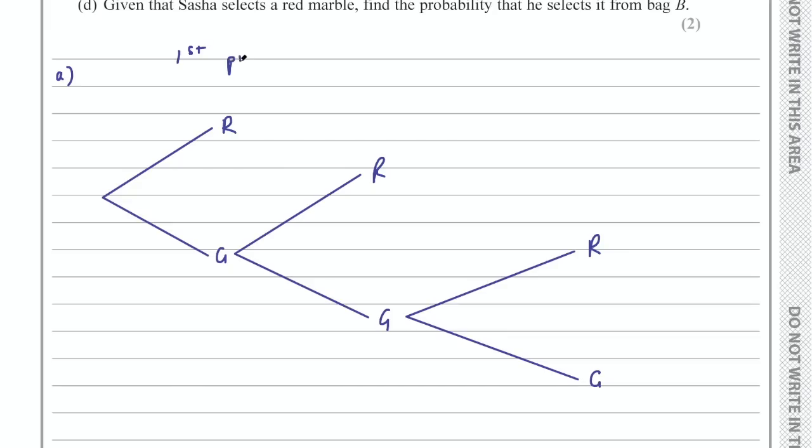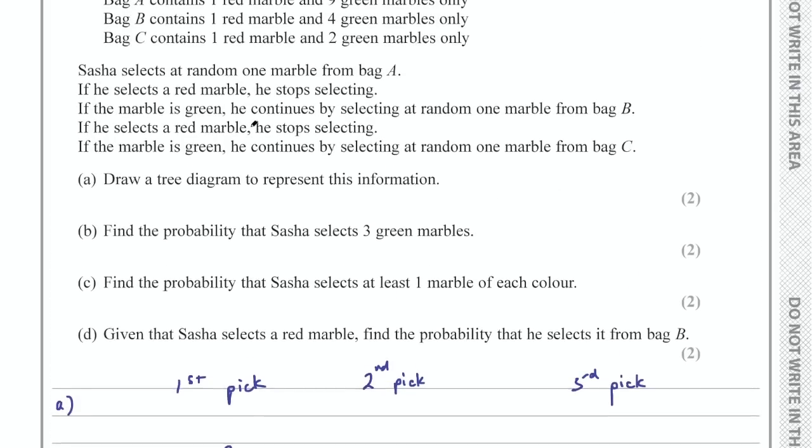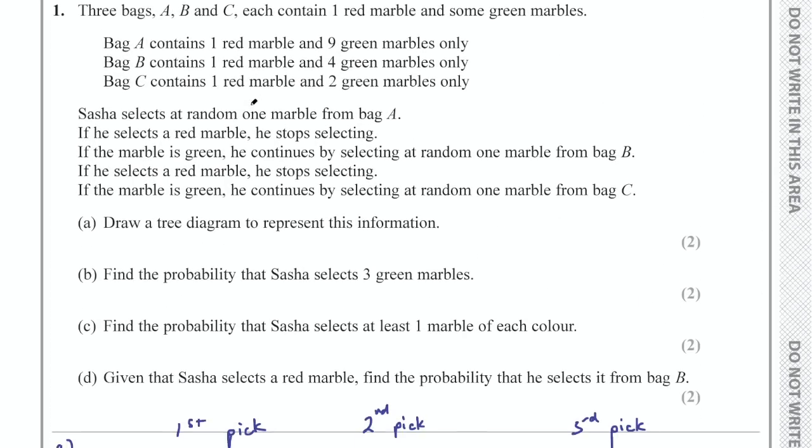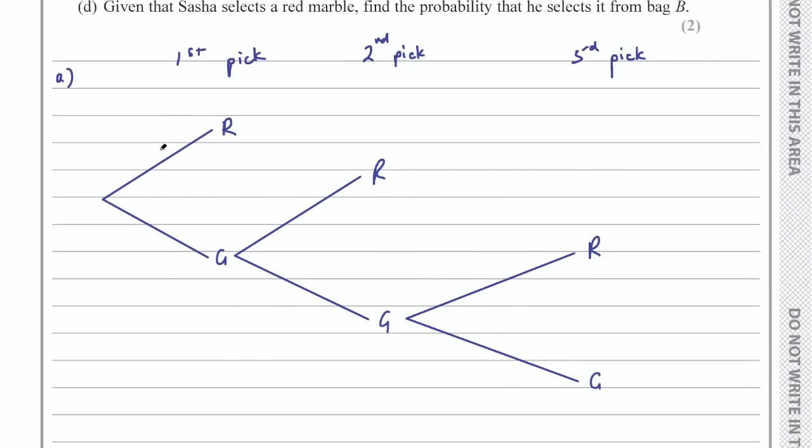This was the first pick from bag A, this was the second pick from bag B, and this was the third pick from bag C. Okay, so we also need the probabilities. For bag A, we had 10 marbles. One of those was red, so we'd have a 1 out of 10 chance of getting the red marble on the first pick, and then a 9 out of 10 for the green marble.